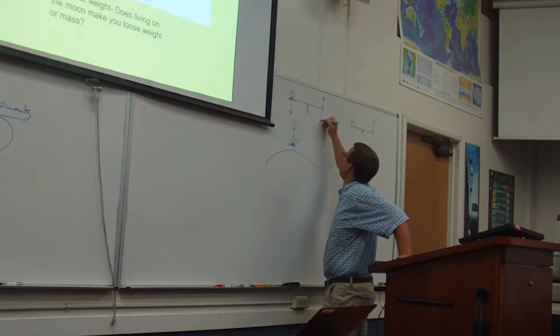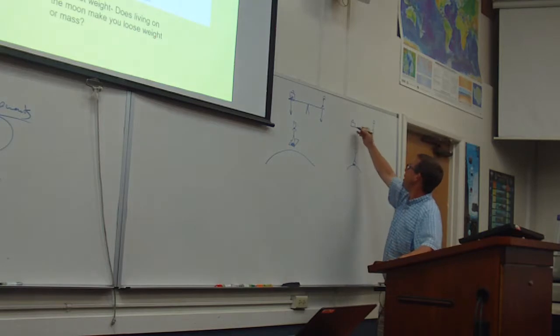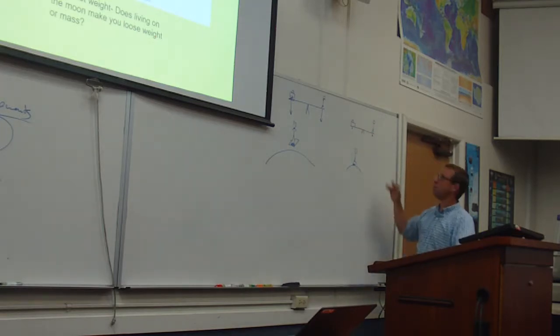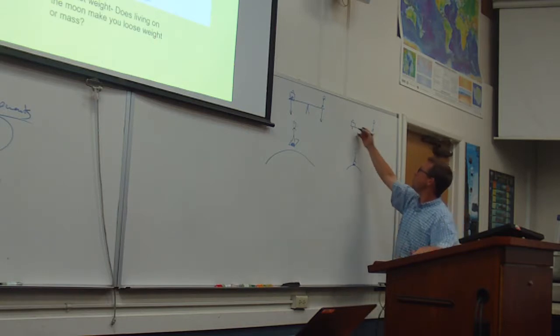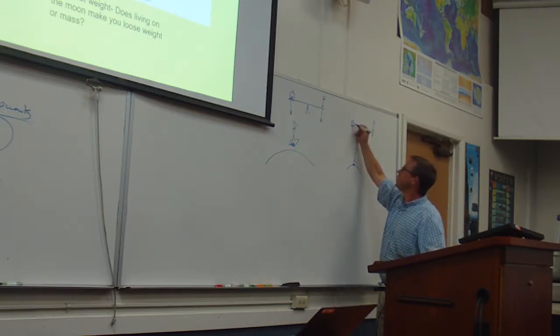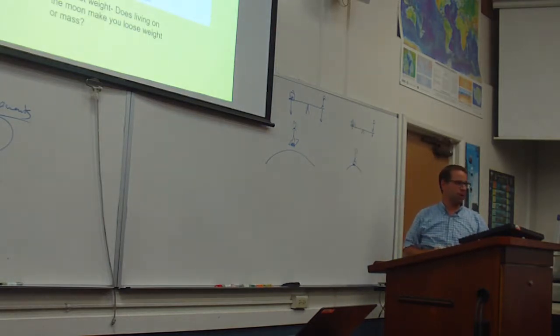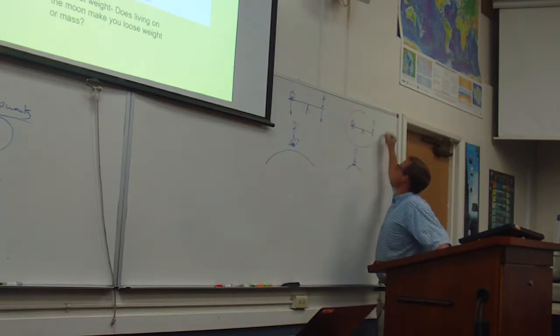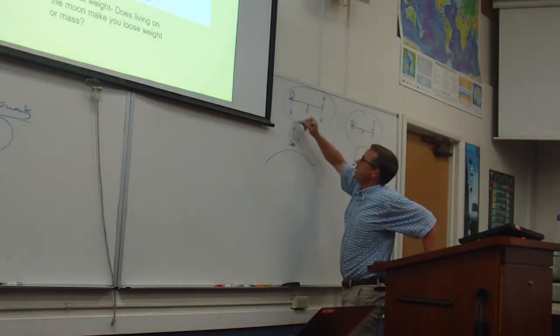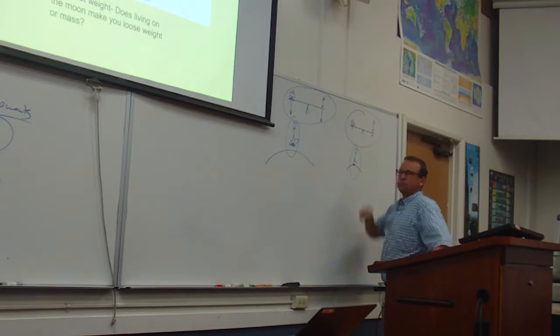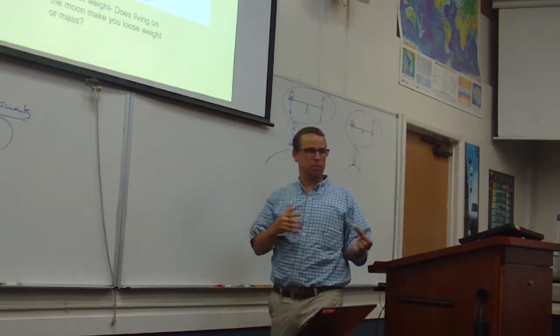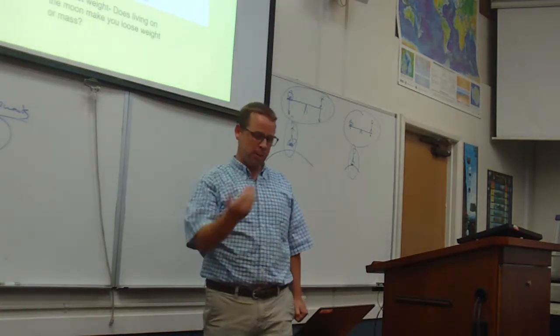I have less gravity pulling here, but I also have less gravity there, so I'm still going to need that 600 pounds. So this is the difference between a method for identifying mass and a method for identifying weight. One is dependent on gravity and one is not.